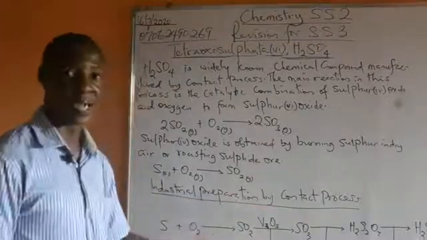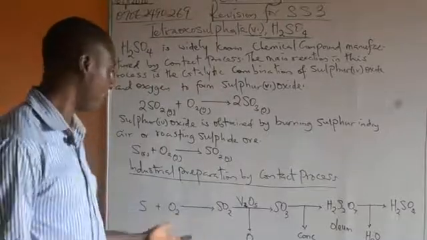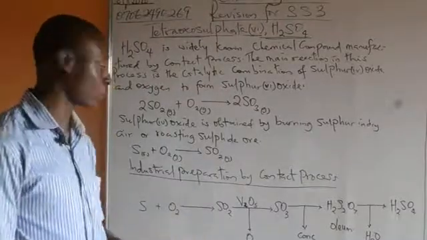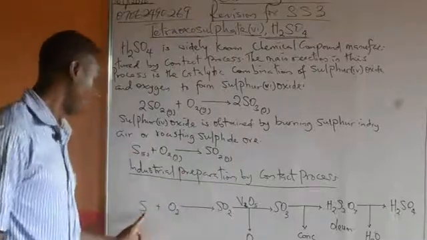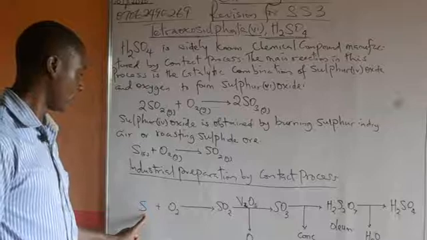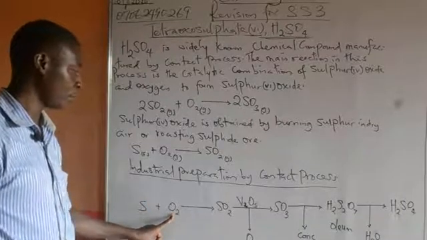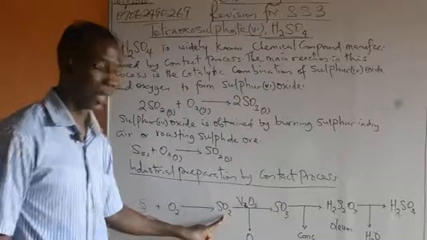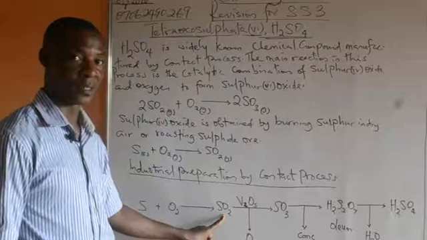So now, the industrial preparation by contact process. This is the diagrammatic representation of all the steps involved. Like I told you before, this is the first stage. Sulfur now reacts with what? Oxygen to form sulfur 4 oxide. Hope you are getting it.